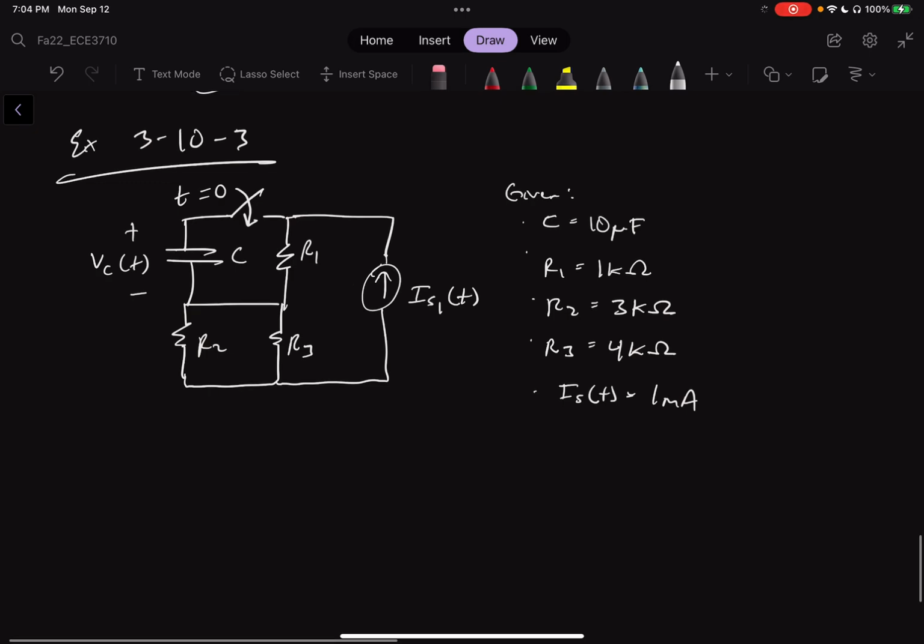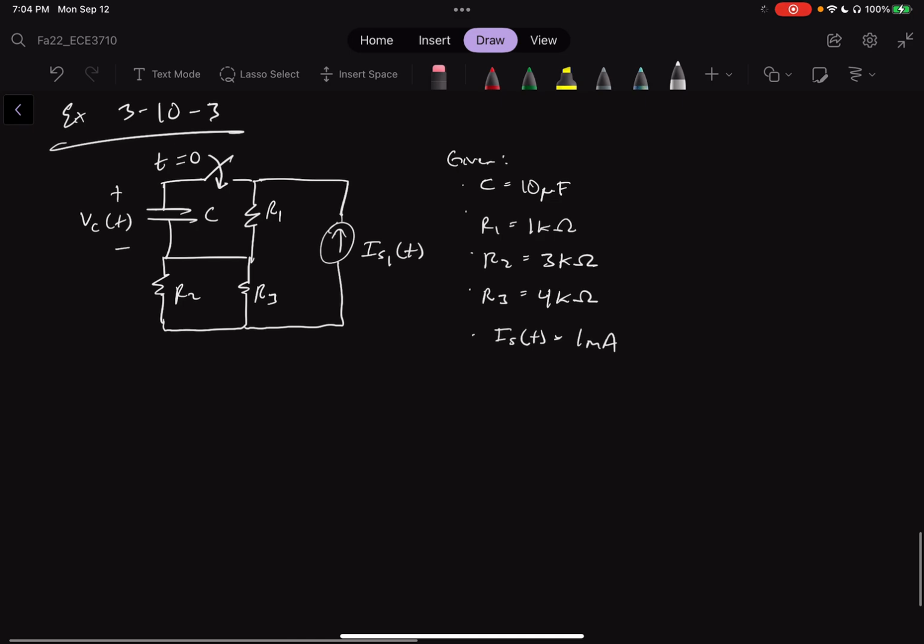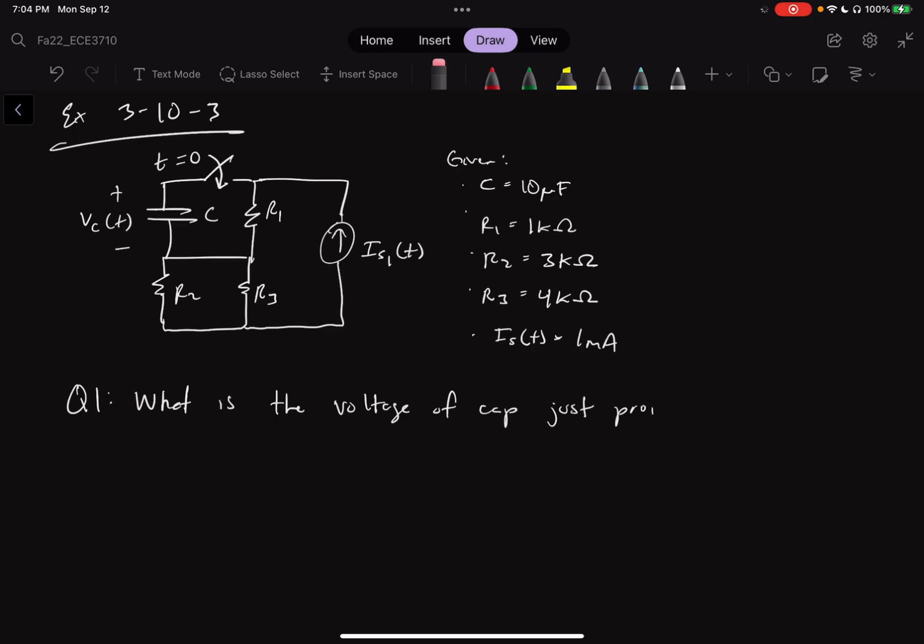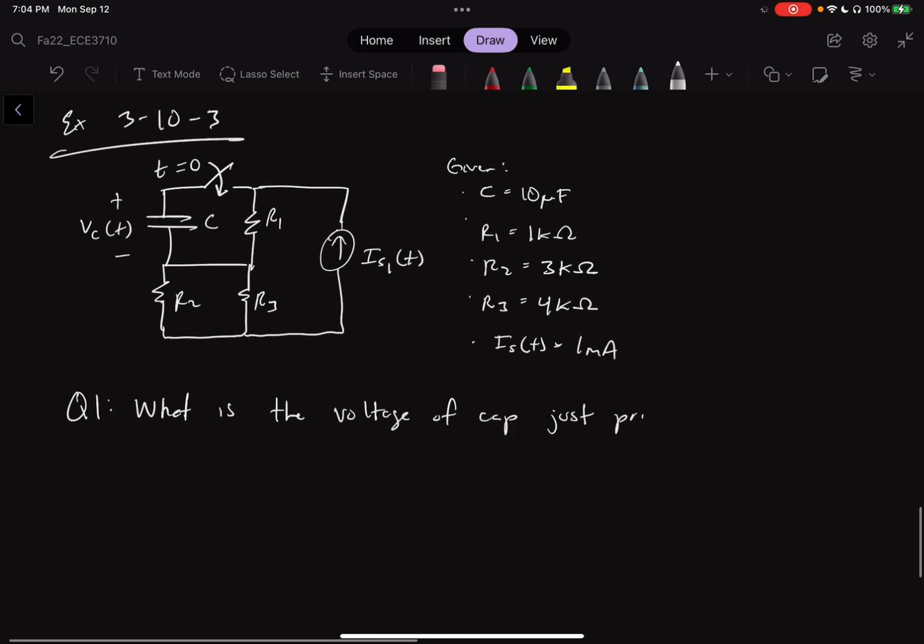First question. What is the voltage of the capacitor just prior, again, just prior to time equal to 0?